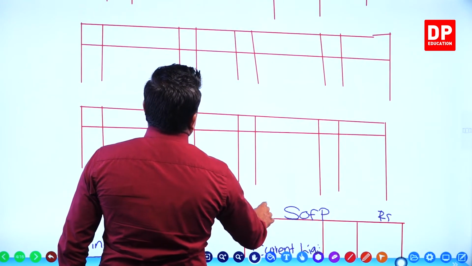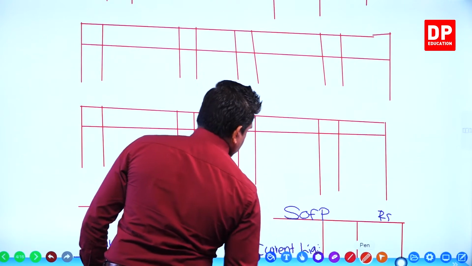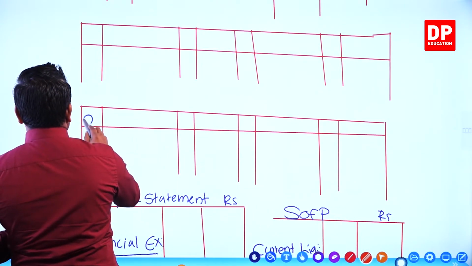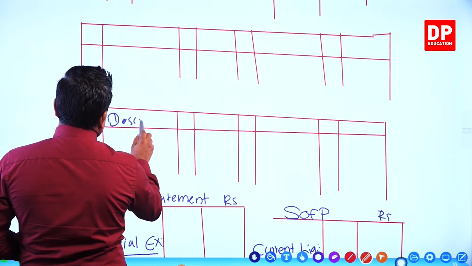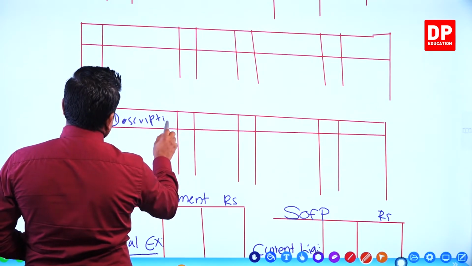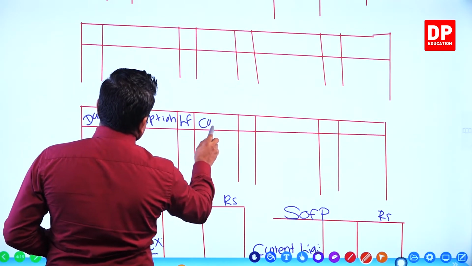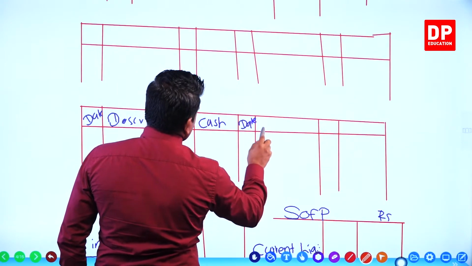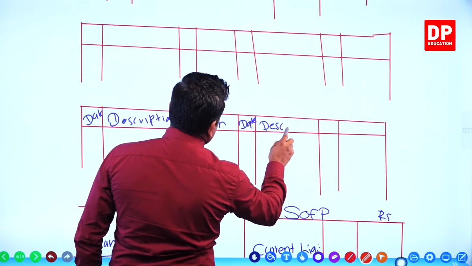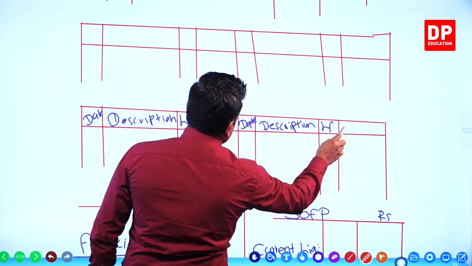Now you name these two accounts, right? Date, description, ledger folio, cash. Date, description, ledger folio, cash.